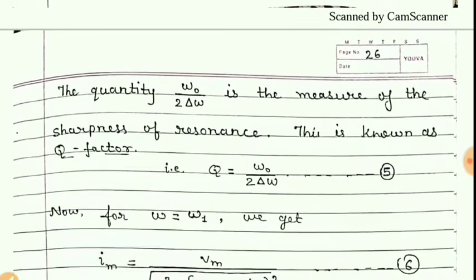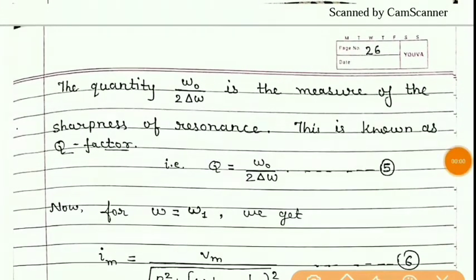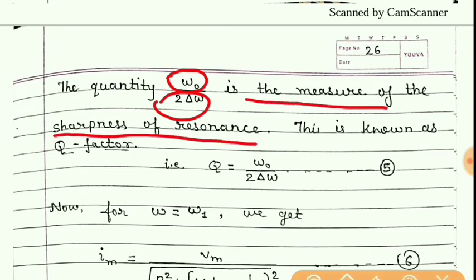Now the quantity omega naught upon 2 delta omega, that is the ratio of resonant frequency to the bandwidth, is the measure of the sharpness of the resonance curve, and this is known as the Q factor.